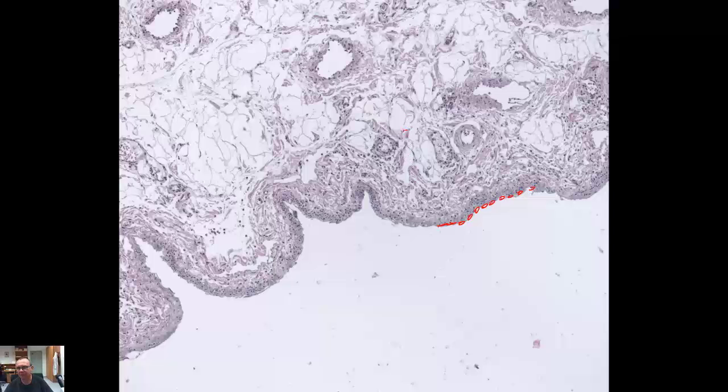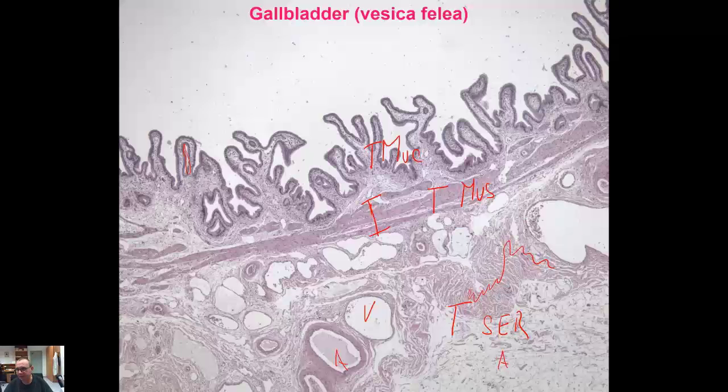The inner layers like this adipose tissue and this plate of collagen fibers and many vessels here can be called subserosa layer. So according to some textbooks, the tunica serosa of the gallbladder is divided into the proper serosa and subserosa because it's very, very thick.